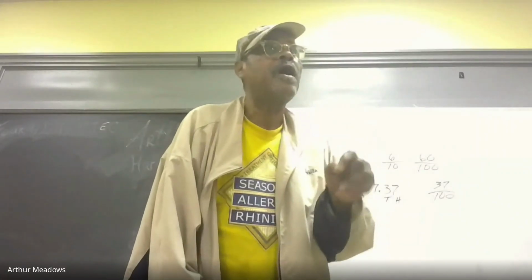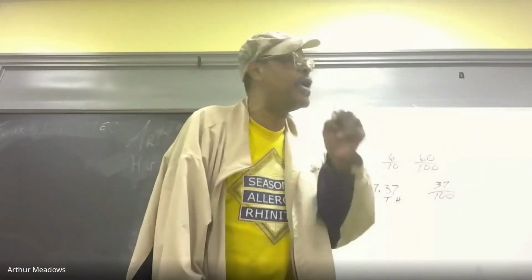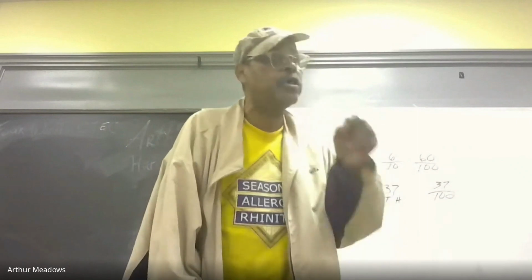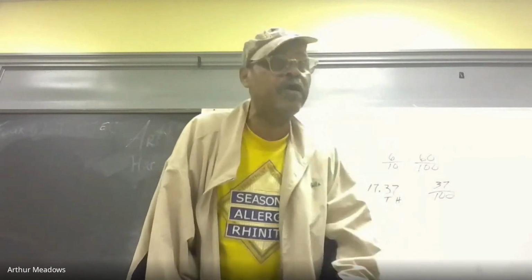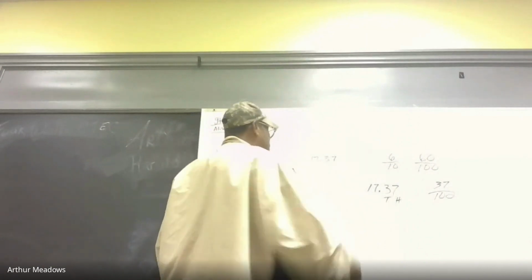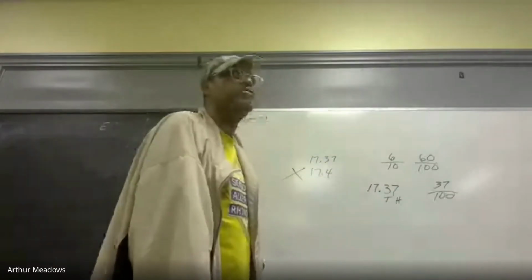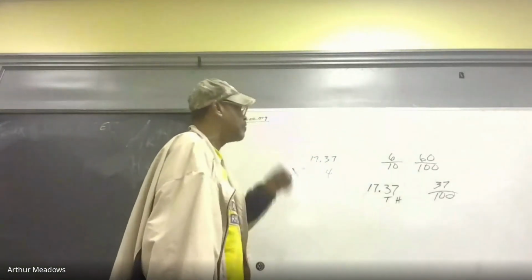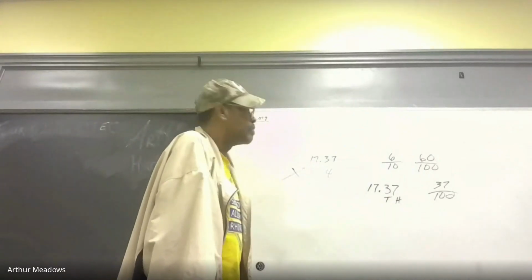They said 100. You've got to read and comprehend what you're reading. They say 100, and you give them this. That is absolutely wrong. So the 17.37 rounded to the nearest hundredths is what?